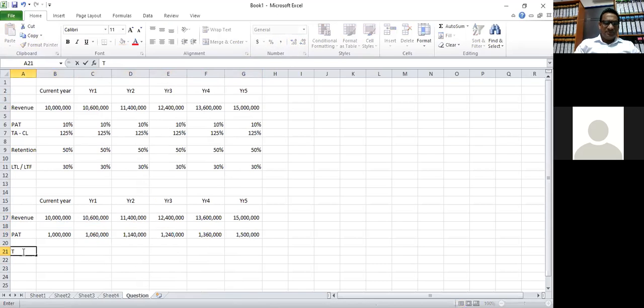Then total assets minus current liabilities, 125% of respective turnover, right?